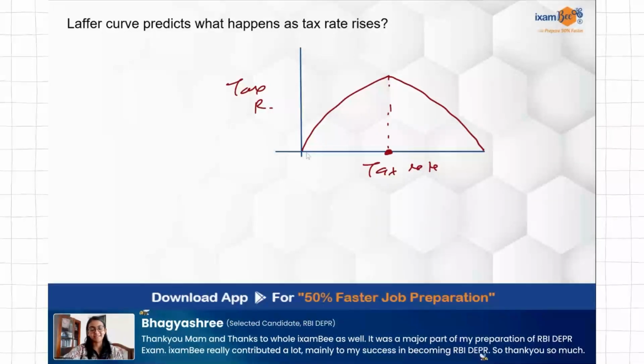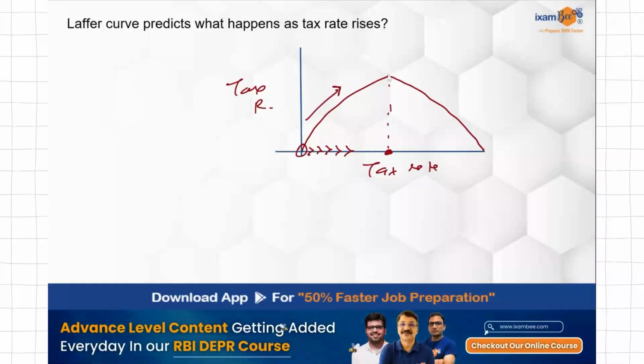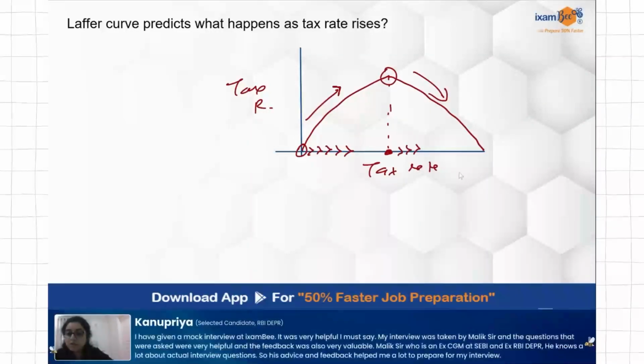Let's say you are starting from here; if you increase your tax rate, tax revenue starts to rise, but after reaching this point, if you keep increasing your tax rate, your tax revenue will go down. This is the theory behind the Laffer curve. Now, given the options, if you can match this theory with the options, then you can select the correct answer.